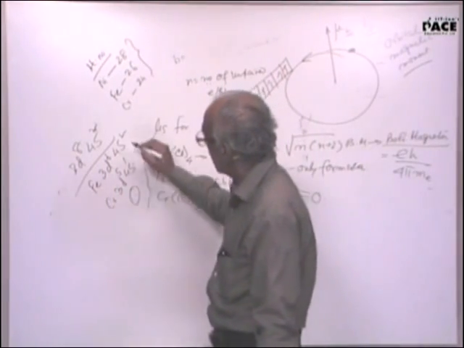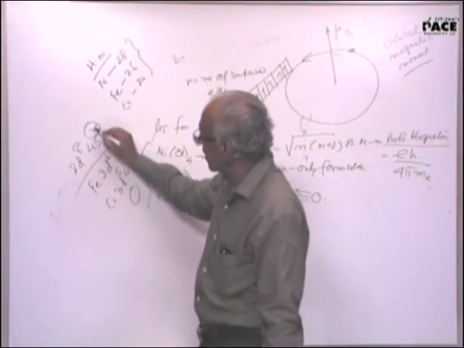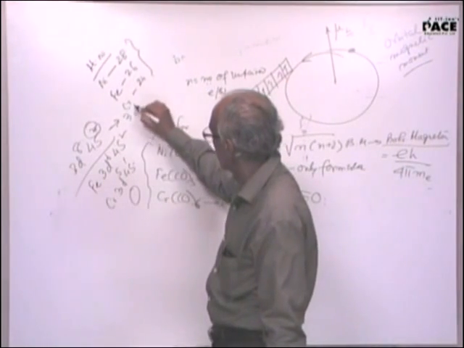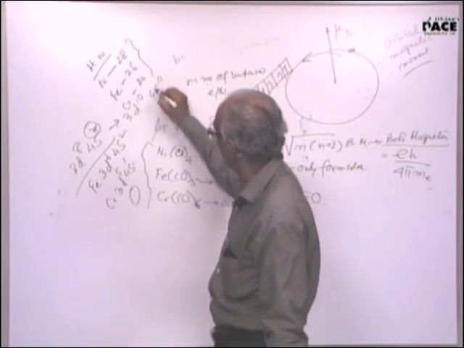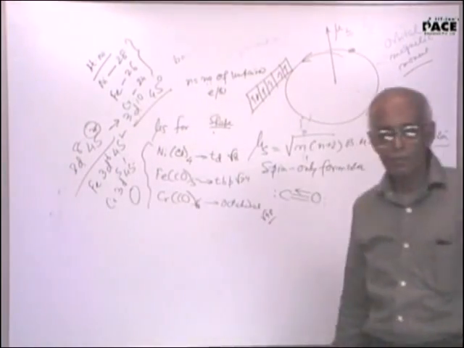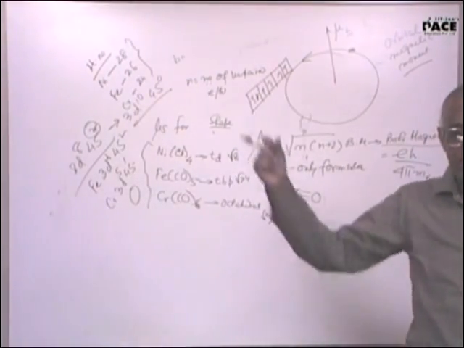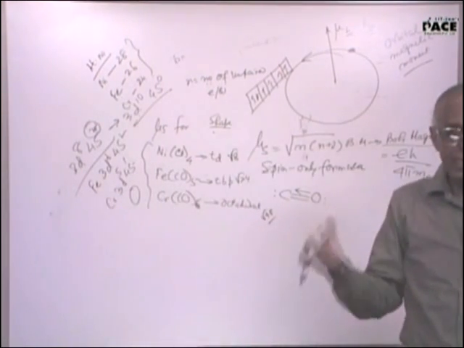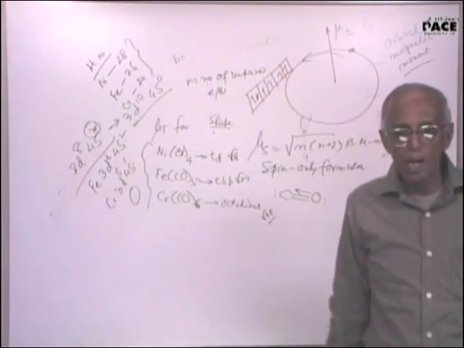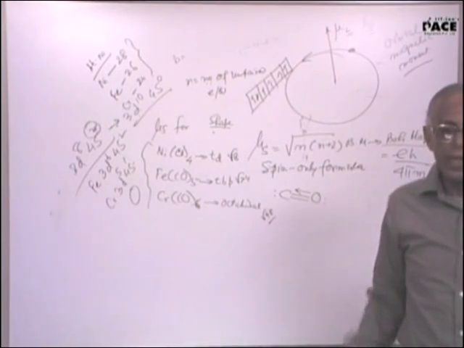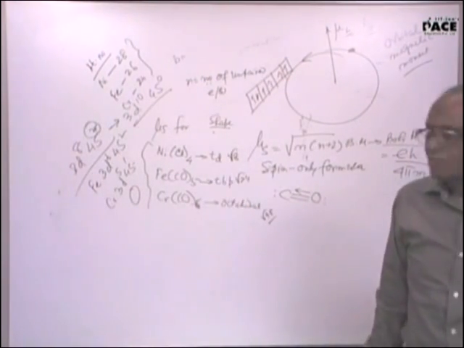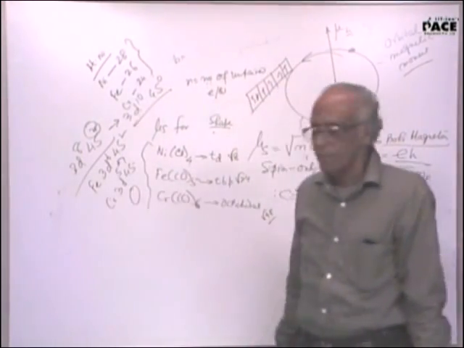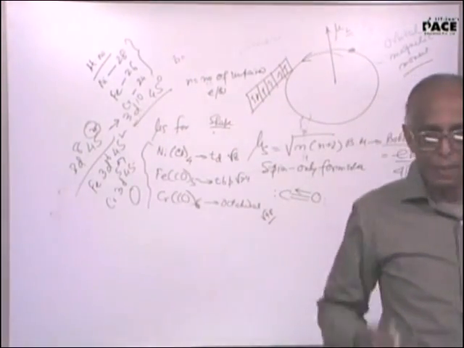So when I transfer the s electron to d, this becomes 4s0, 3d10. All electrons are paired. Five orbitals, 10 electrons, all paired, so it will be diamagnetic. Transfer the s electron to d, and it becomes 3d6.